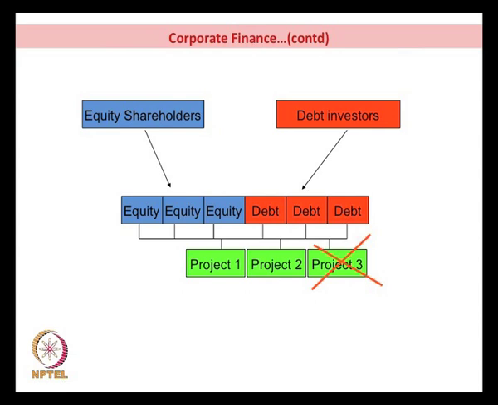Many times, project 1, project 2 or project 3 need not involve issuing fresh capital. For example, if project 1 is profitable, the company need not pay the profit out by way of dividends, but can retain all the profits and use them as an equity investment in project 2.